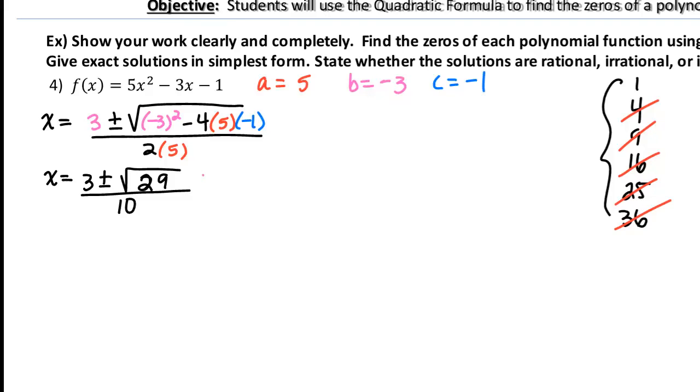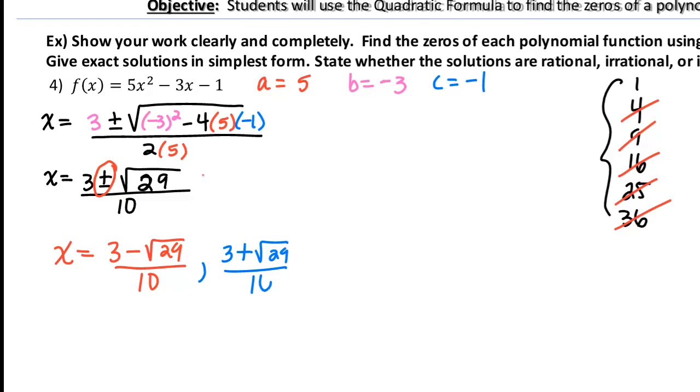So the last thing you need to do is basically split this into your two answers. So for my 2 zeros, I'm going to have x is equal to 3 minus the square root of 29 over 10. And the other one is the plus. So 3 plus the square root of 29 over 10.